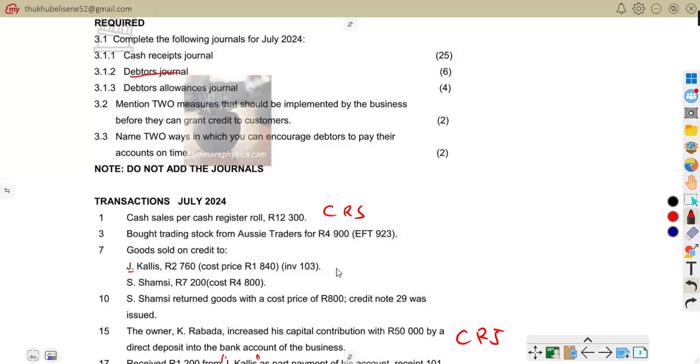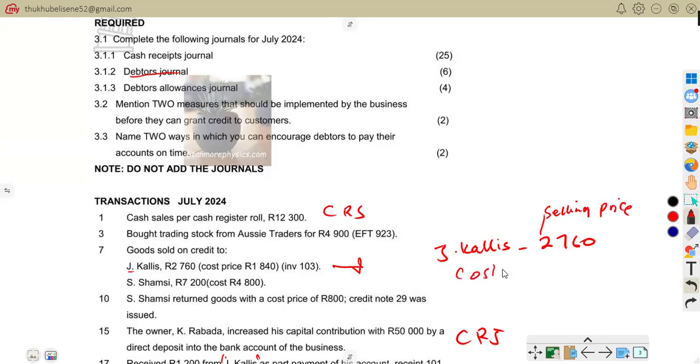So now with this one, we are talking about J. Gallis, where we are going to say we sold goods to him costing 2,760. Sorry, that is the selling price. This one is the selling price.